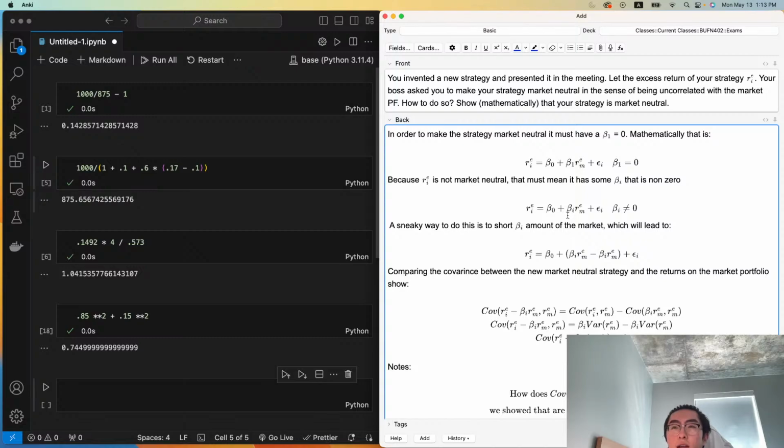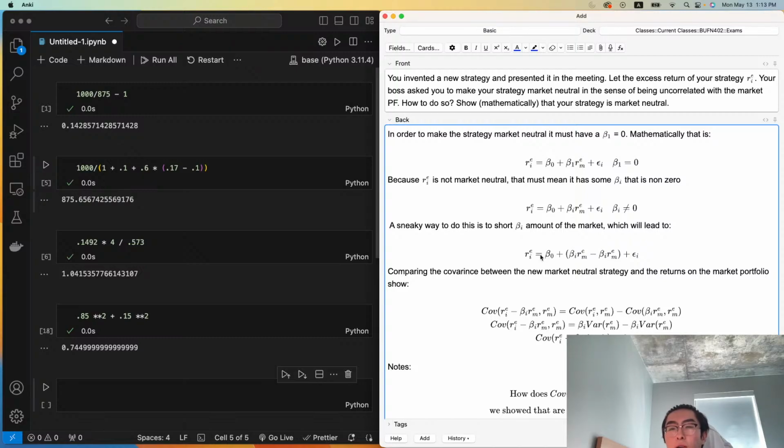And in order to remove this correlation, I think one of the ways we could do this is just subtract beta_i times R_M^e. So subtract beta_i of the market portfolio, and that just removes this term completely.